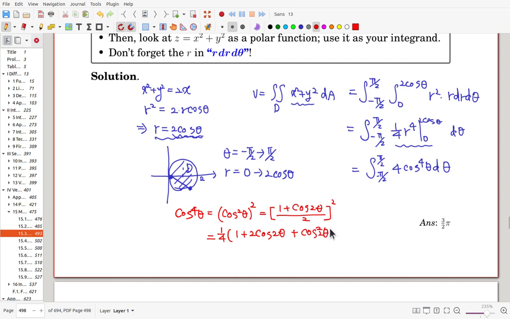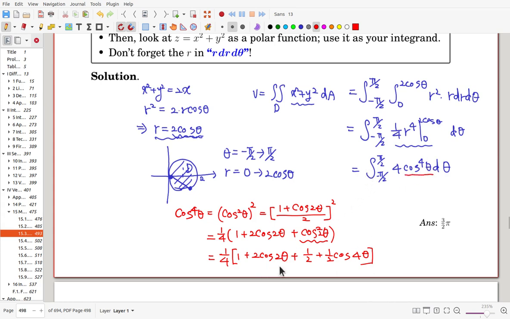Now for the term cosine squared 2 theta, we can change it again. That is 1/4 times 1 plus 2 cosine 2 theta plus 1/2 plus 1/2 cosine 4 theta.